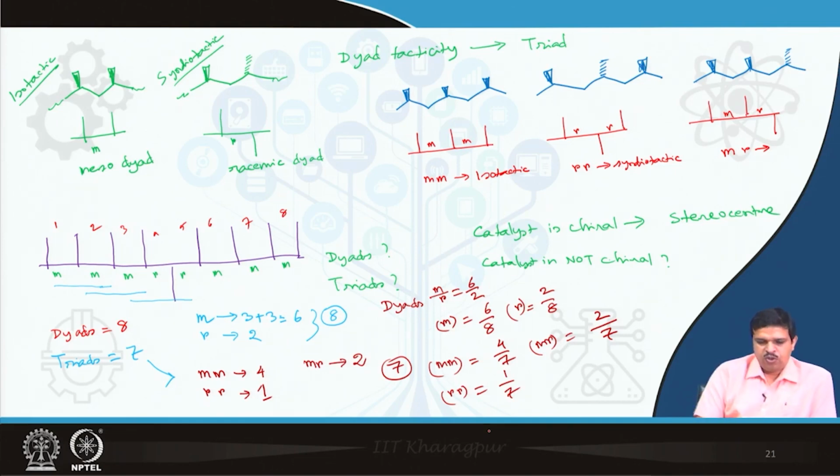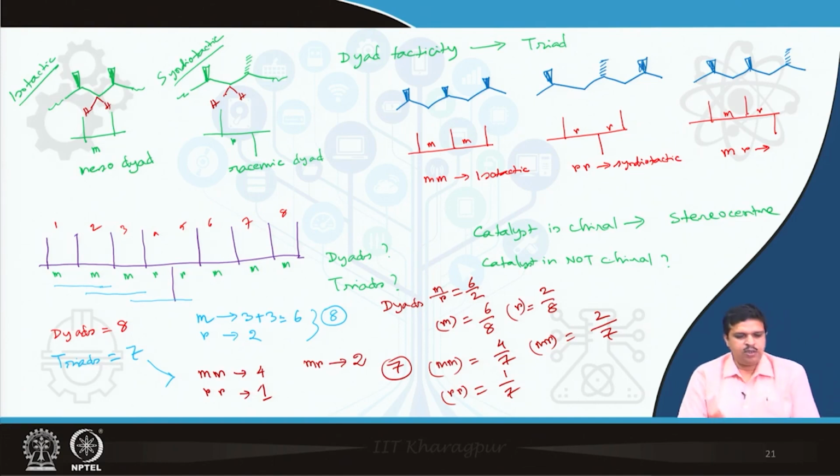Because I already discussed that the chemical shift of these 2 protons will be different if it is an isotactic moiety or a syndiotactic moiety. For the isotactic moiety, you will get different chemical shifts, but in this case you will get the same chemical shift.